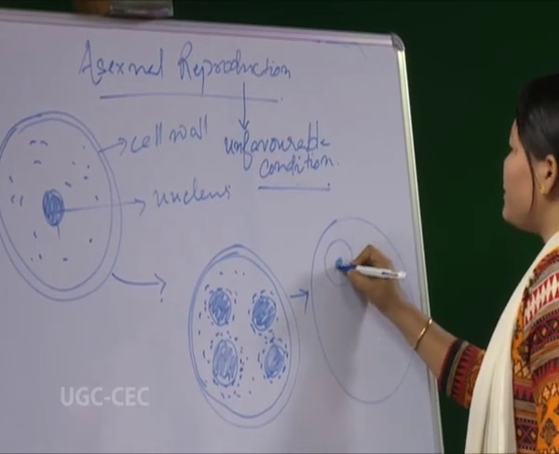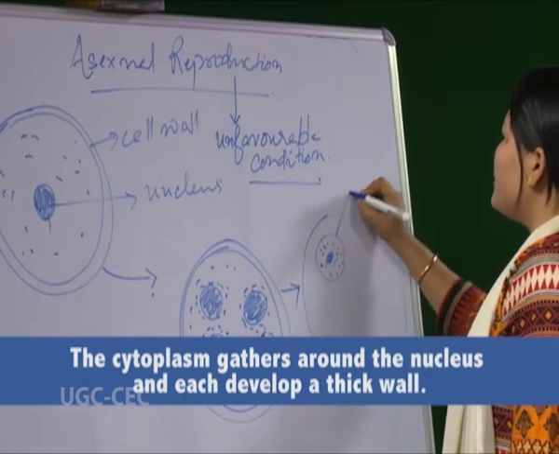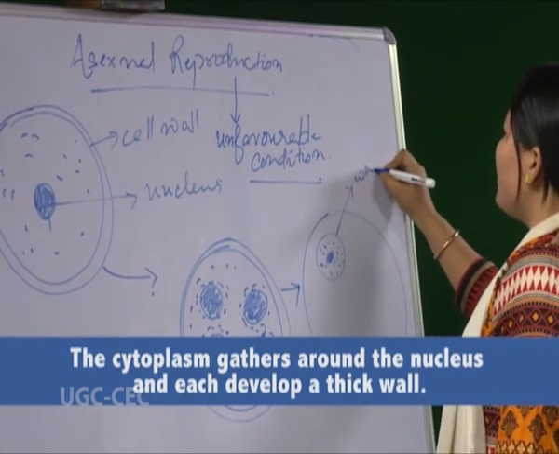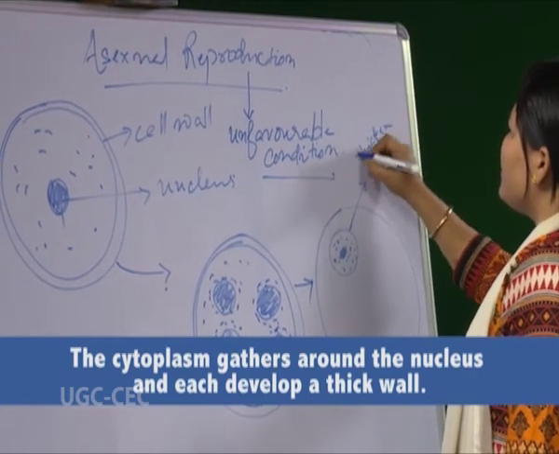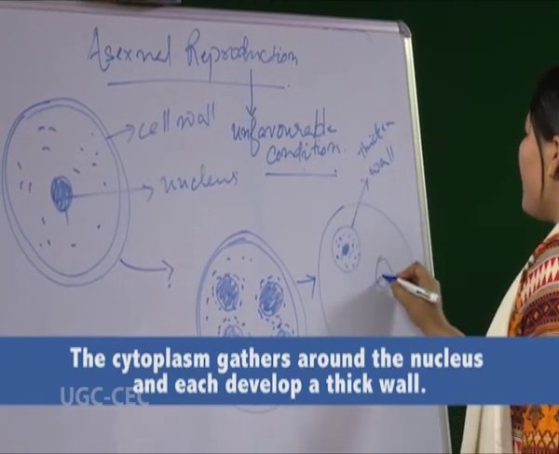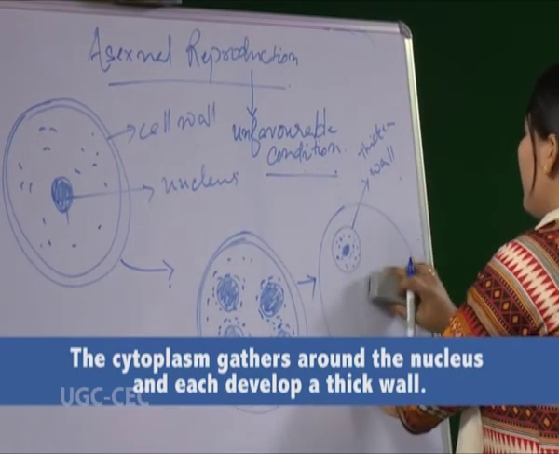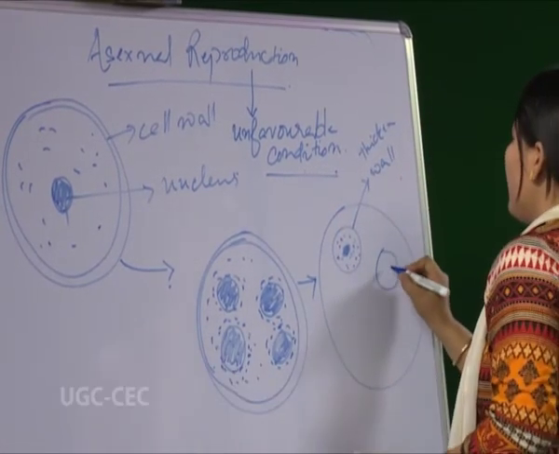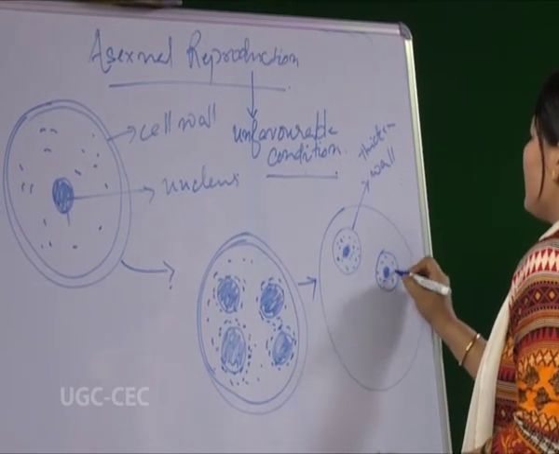This is your nucleus. This is the cytoplasmic content. This is the wall, thickened wall I should say, thickened cell wall, and these are the 4 daughter cells which are formed here.